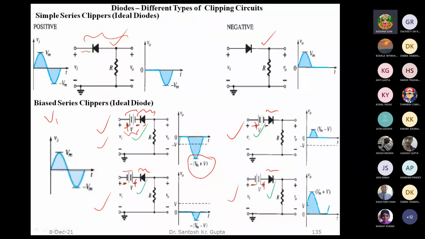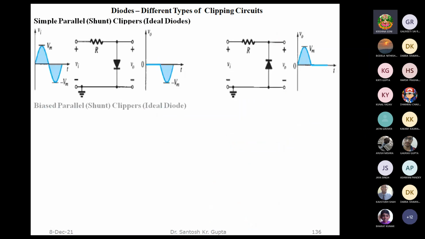Just the reverse is going to happen for the parallel case. In the parallel case, we have seen that when the diode is on, we are going to get a zero output voltage, whereas if the diode is reversed, then we are going to get the output voltage when the diode is off.